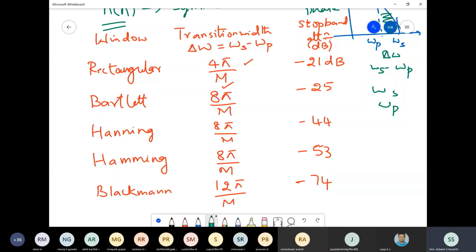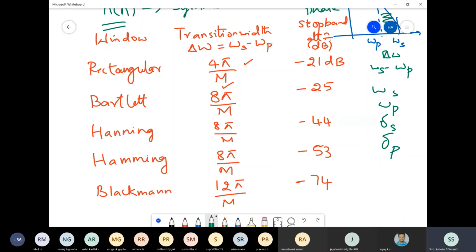Omega c will be at the center of the transition band. Then the stop band attenuation delta s and delta p will be given to you. The decibel range also can be given. So using delta s, find 20 log of delta s, and you will get a decibels value. Then you will have to select the window.